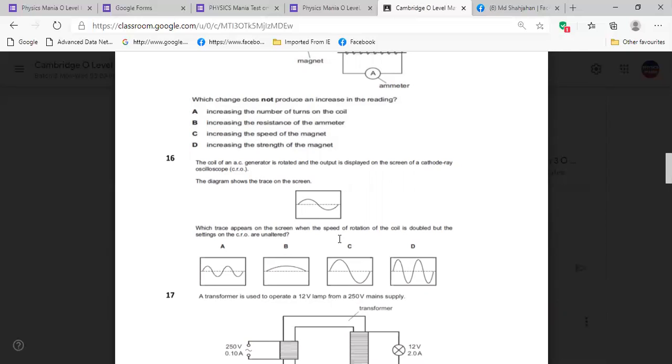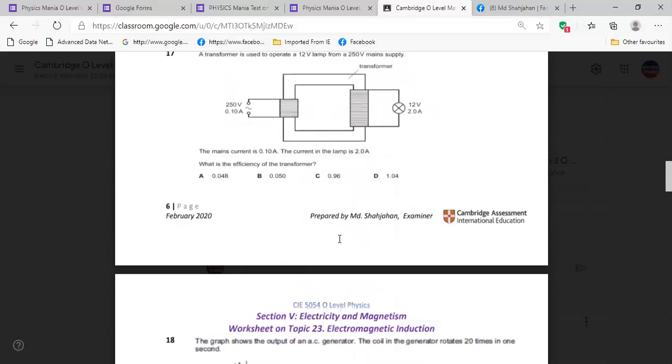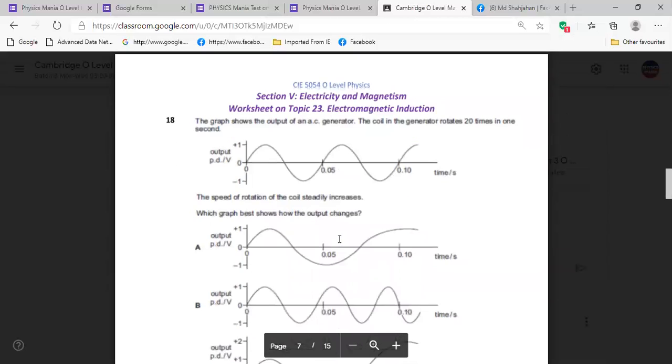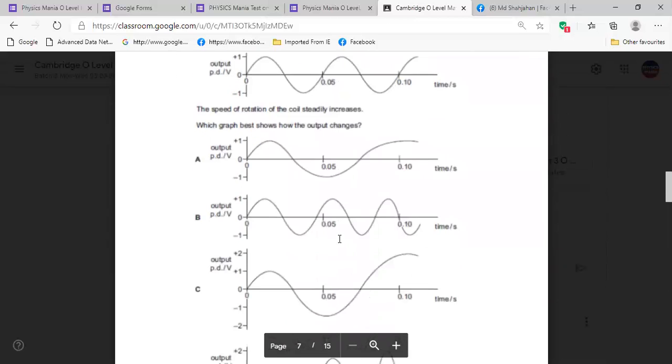So the frequency is more and the EMF is also more. In 16, you're right, the induced EMF is more and the frequency is also more. Is it clear? Yes. Then which next? Finished.